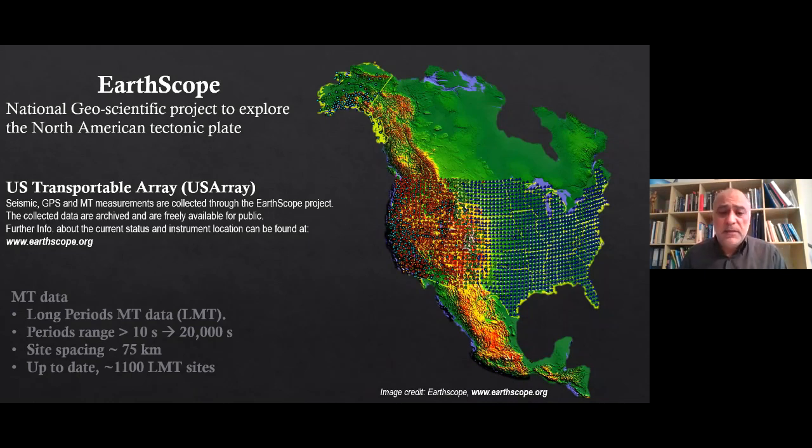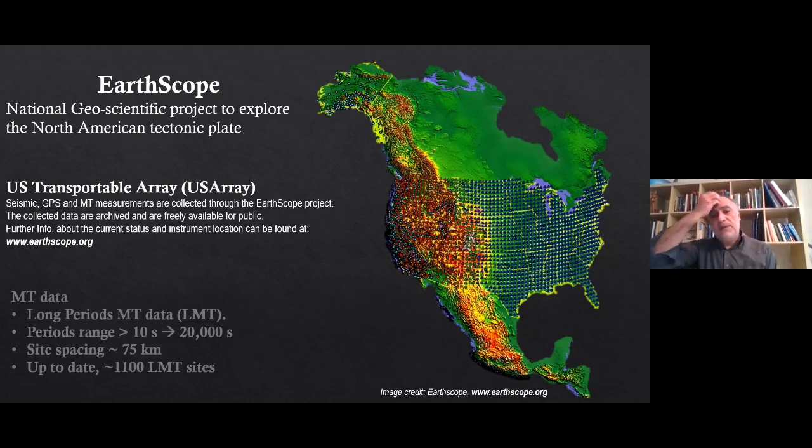The site spacing for this array is around 75 kilometers. Up to date, I just downloaded the latest set of data yesterday, and there are around 1,100 MT sites. For those who are not familiar with this array, all of these data are available to download from one of the links on this slide.